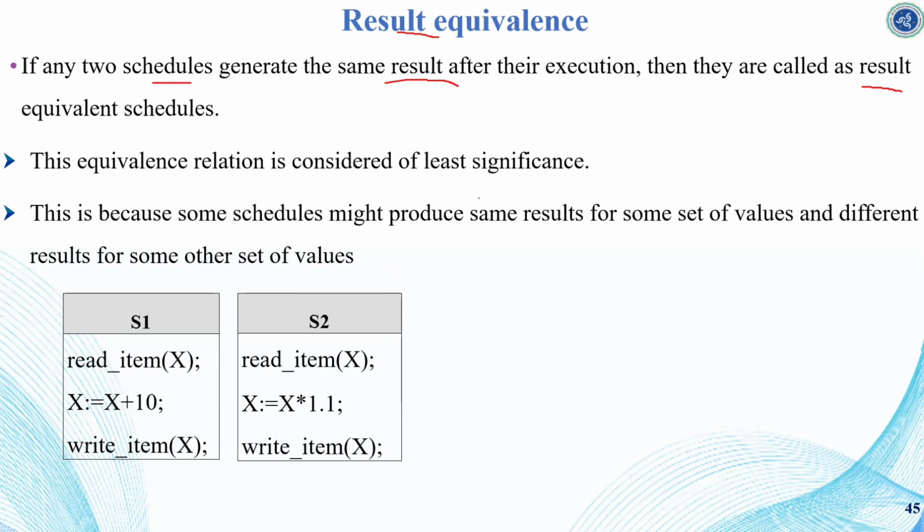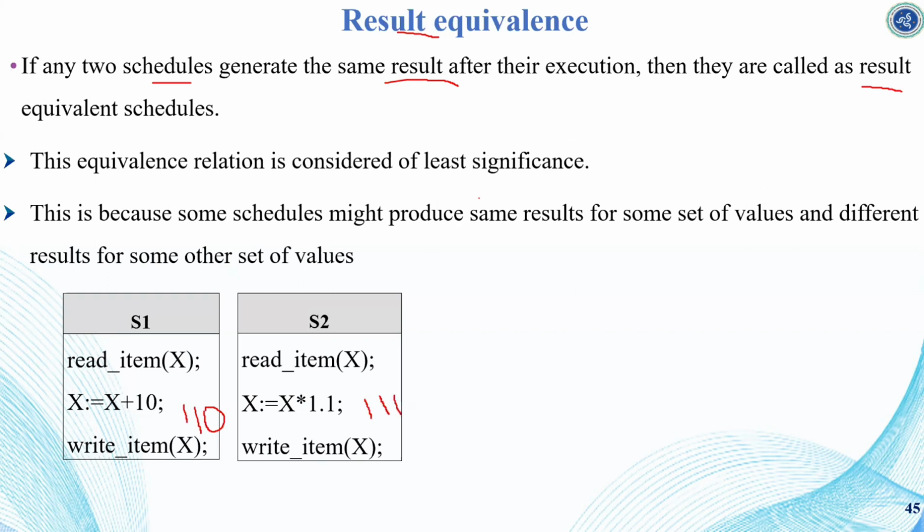What if X takes the value 100? At that particular value only, we can say that S1 and S2 are result equivalent. If X is 100, then X = X + 10 gives 110, and in S2, X * 1.1 also gives 110.